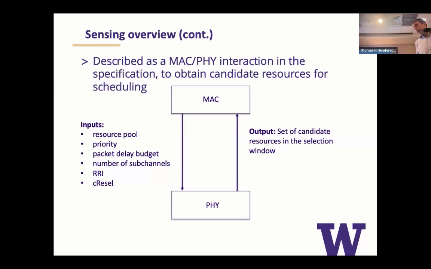In the NS3 implementation, it actually doesn't recurse down to the physical layer. Instead, whenever there's a successful control channel reception, that information is conveyed to the MAC as sensing data, and that sensing data is stored in a buffer at the MAC layer. So it's going into a sensing database, and the algorithm is executing as part of the NRU MAC in the NS3 model.